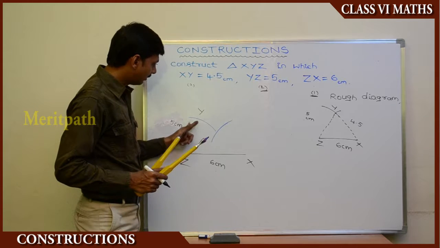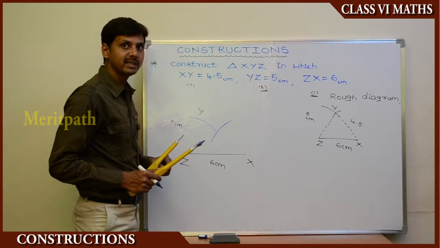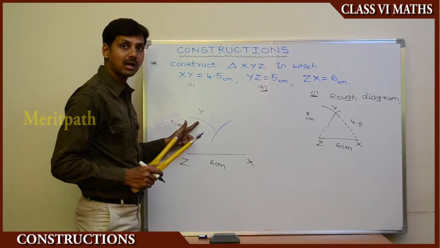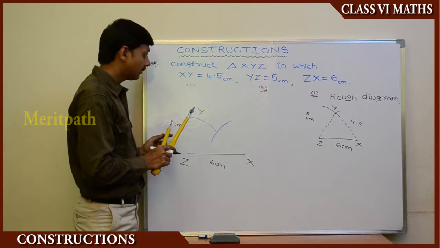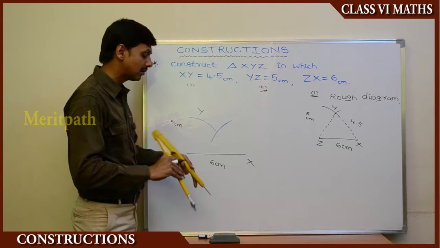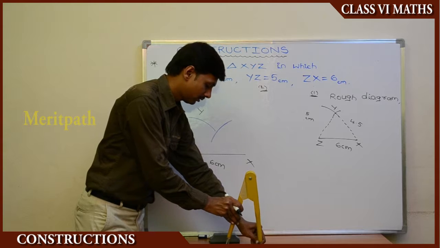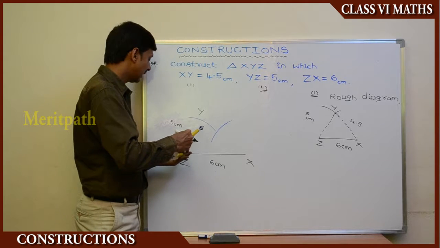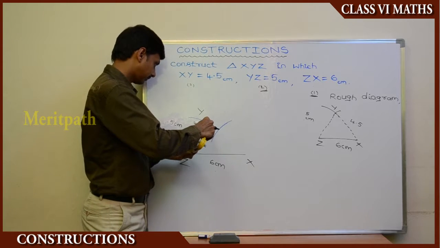You can observe these 2 arcs are not intersecting. So let's extend the first arc by taking the 5 centimeters radius previously. So with 5 centimeters radius, let's extend this arc.